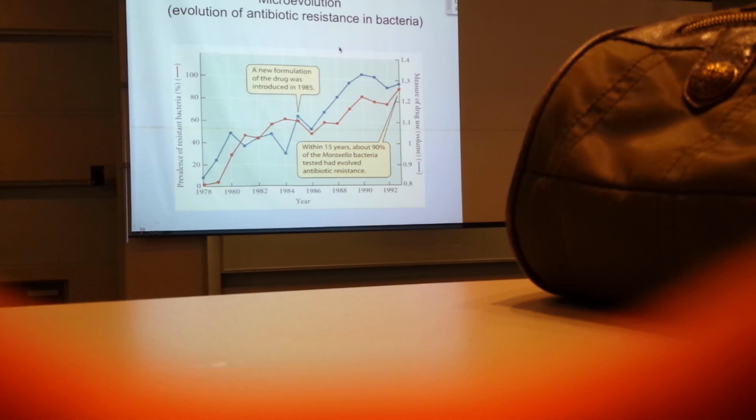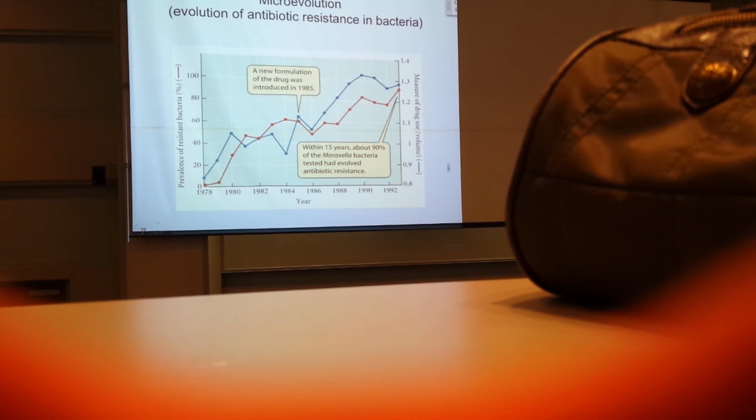On the microevolution end of things, we've talked about this already, but here we have time on the x-axis. On the y-axis we have the amount of drug use in blue, and the resistance to that drug in red.